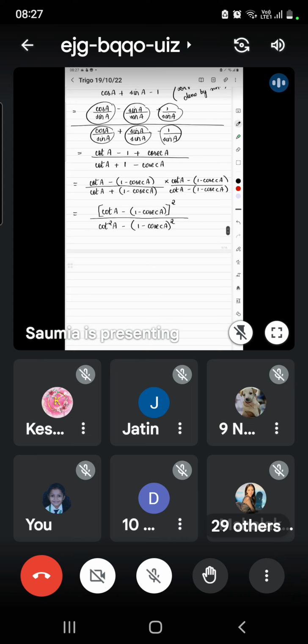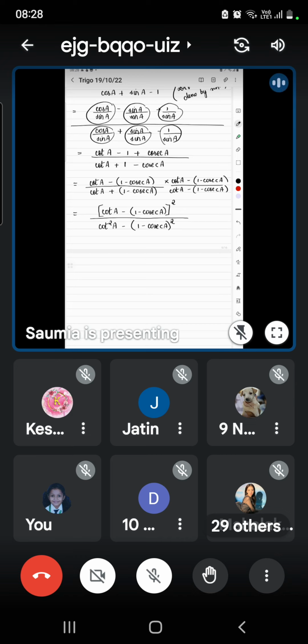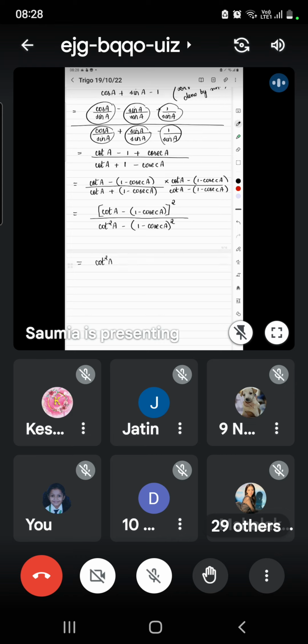Can we go further? Yes. Okay. So a minus b the whole square. So I can write this as a square plus b square minus 2ab.